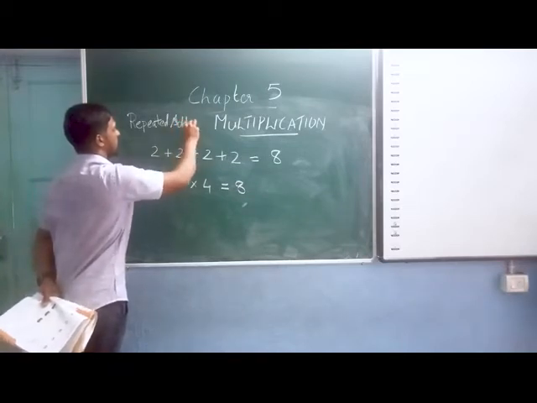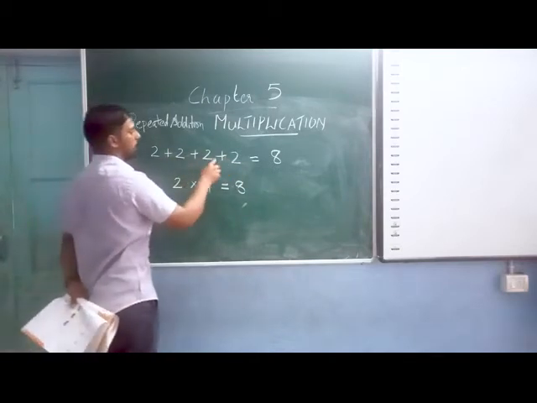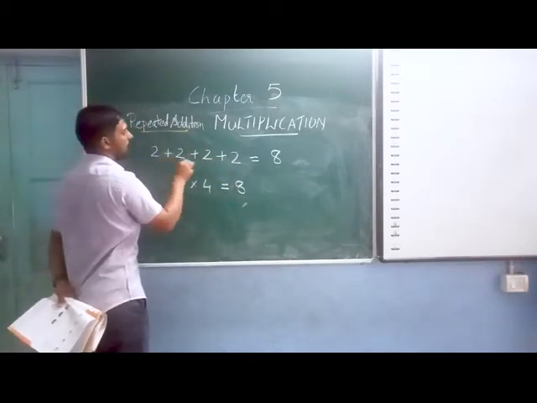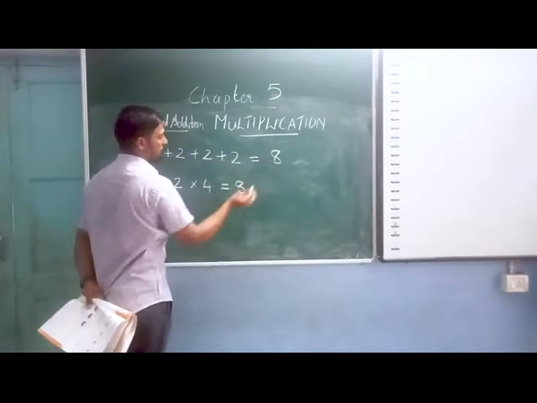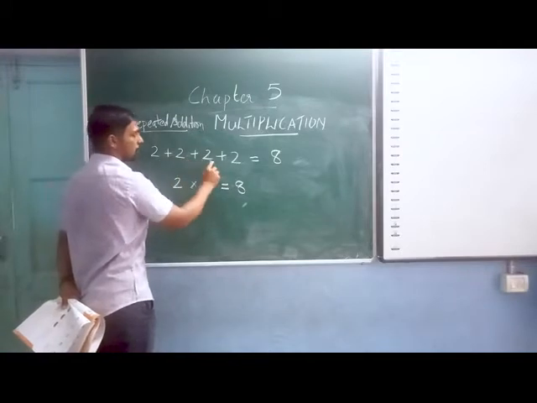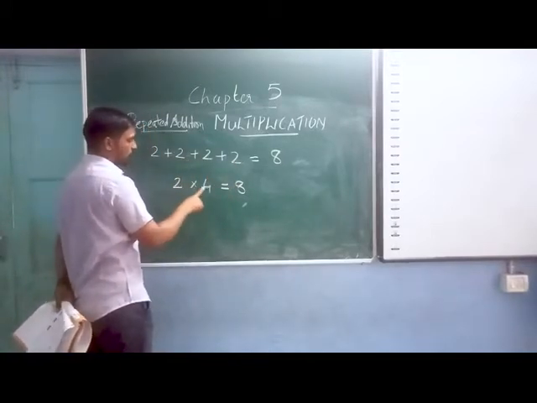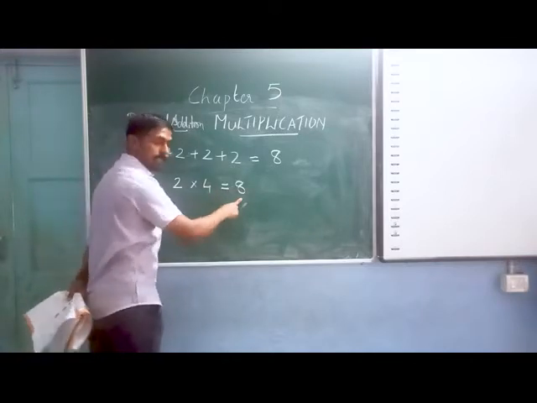So, the method's name is called repeated addition. You see, you are repeatedly adding the same number. So, you see how many 2's are here? 1, 2, 3, 4. So, you write the 4 here. If you multiply 2 four times, you will get 8.